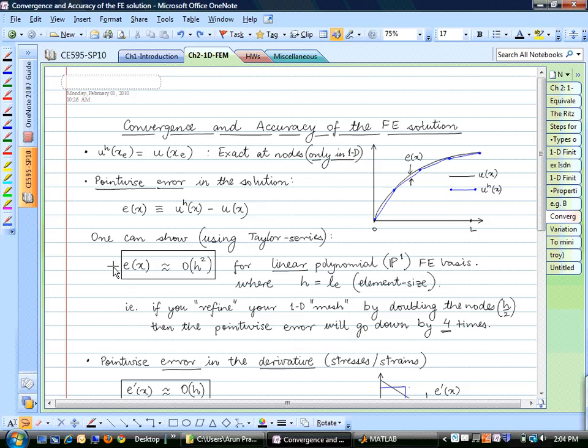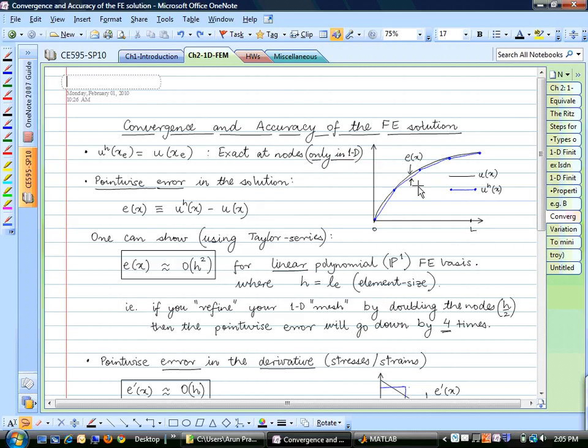So this is the result that we get from functional analysis, where we try to use a Taylor series approximation for the solution at this point in terms of the solution at the node. If you do that, you can show that the error at any point in the domain will be proportional to something called h squared, where this h is nothing but the length of this element, the element size.